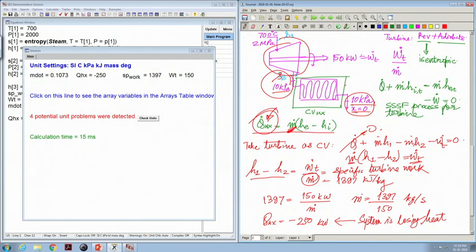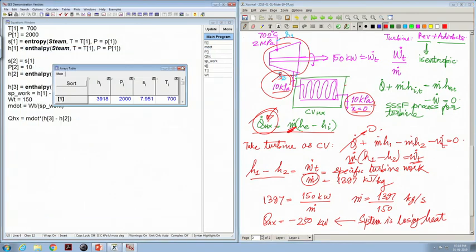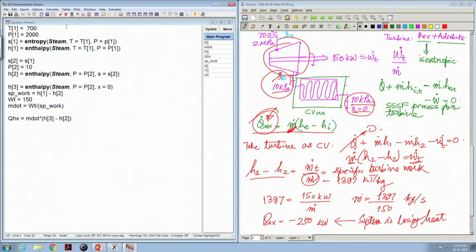In fact, just for visualization, let us go ahead and plot all the points.